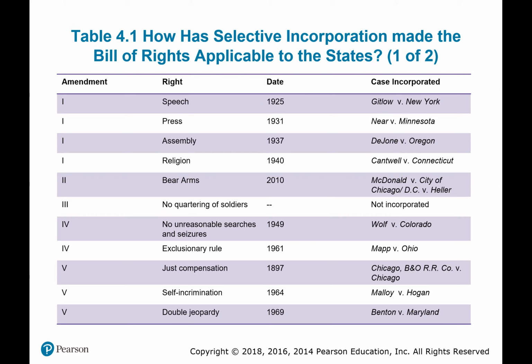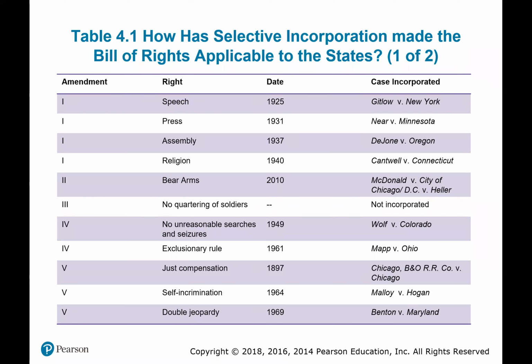Bear arms, we've seen changes over the years, beginning in the 1920s and 30s, as we saw related to prohibition, and there was a lot of gun violence associated with different groups that were illegally selling alcohol during that time and formed these giant crime syndicates.